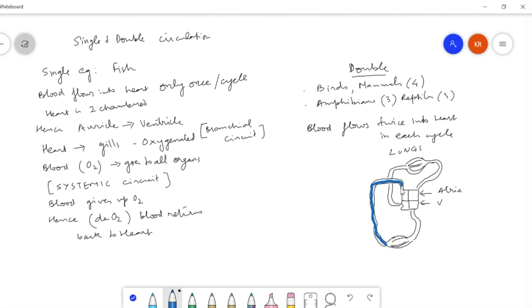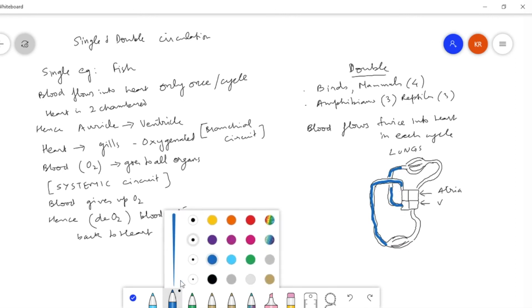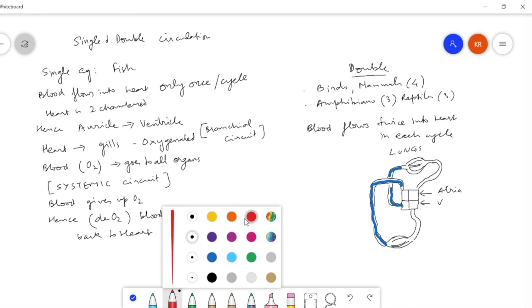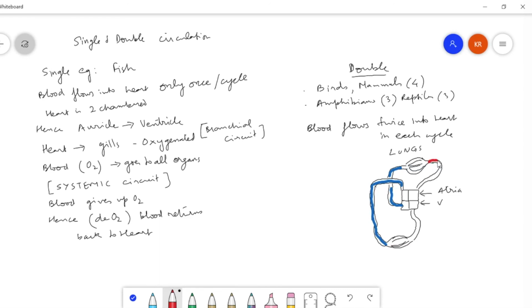Okay. Another, from this right ventricle, it is going towards the lungs. It is deoxygenated. From here it is getting oxygenated.